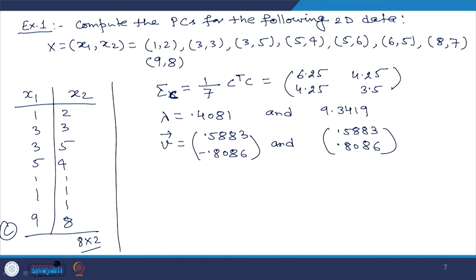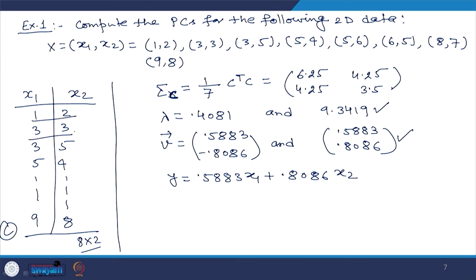So if I want to reduce this data into one dimension, then that one dimension, if the data is y, will become, because this is the larger eigenvalue, this will be the principal direction. So 0.5883 x1 plus 0.8086 x2.